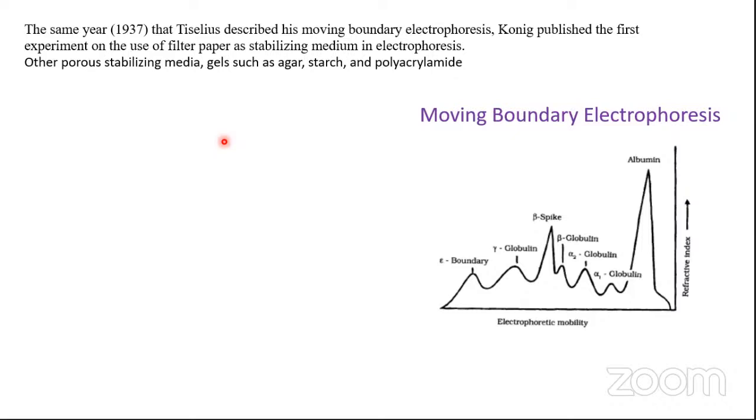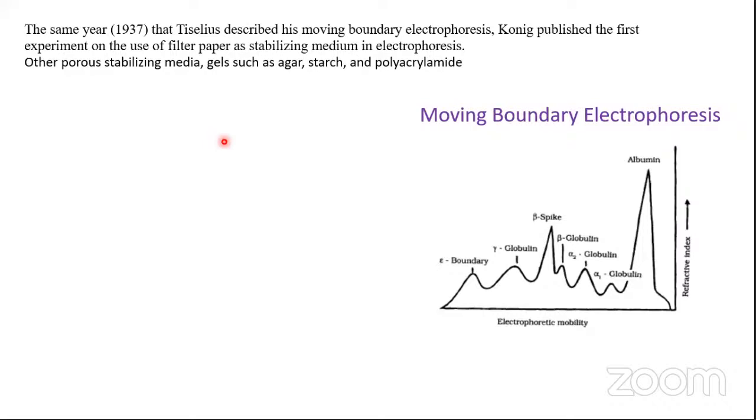Now, how do you feel that convection currents are going to get minimized when you add a stabilizing media? What could be the way in which convection currents are minimized? Yes, any idea? So we'll discuss all these aspects, why and how the convection current gets minimized when you're using a stabilizing media.